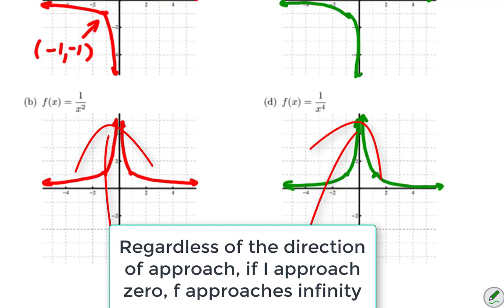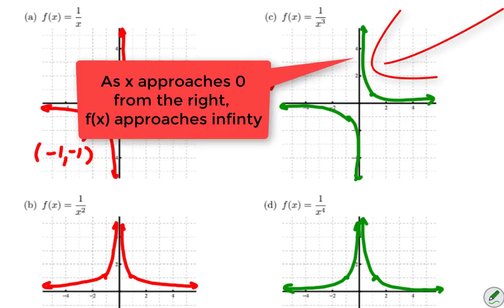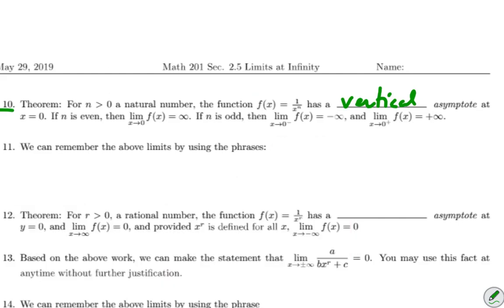But if the function is odd, then I'm going to get out either infinity or minus infinity, but the direction of approach matters, right? As I approach 0 from the right, I get out positive infinity, but as I approach 0 from the left, I get out negative infinity. So that's all that's being summarized in that statement right there. Okay?